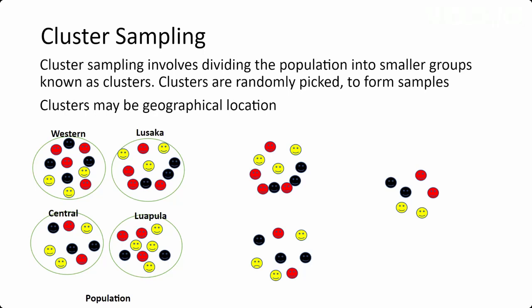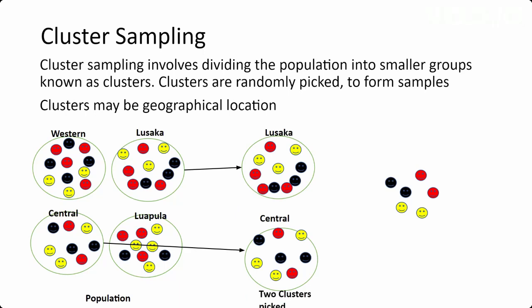But you can choose either one or two clusters. In our case, I chose two clusters. That's Lusaka province and Central province. These are our sampled clusters. They are known as sampled clusters.